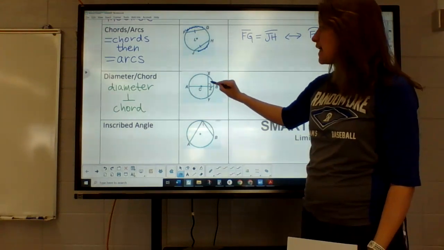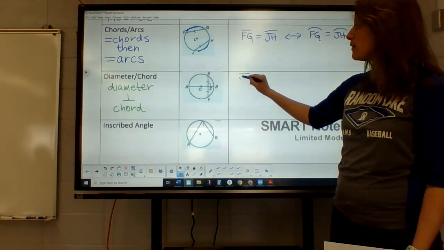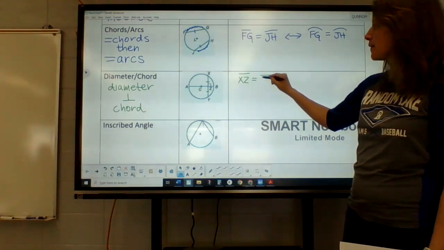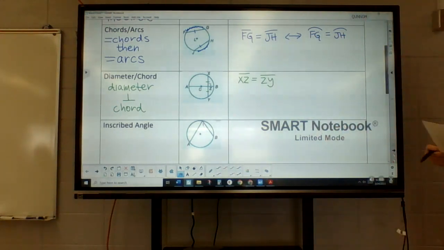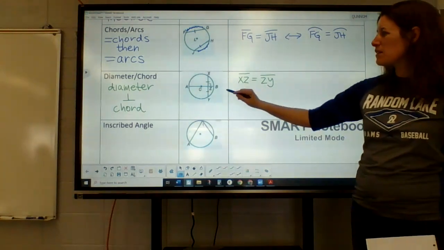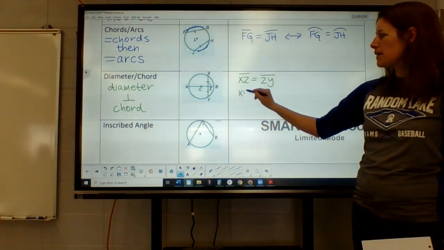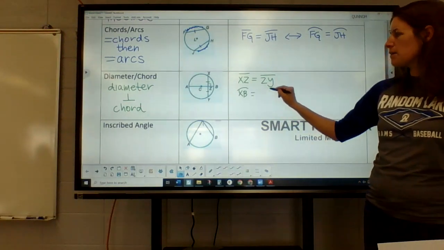If that's the case, then we know that these two are equal. And also the same thing with the chords. So XB is going to be equal to BY.